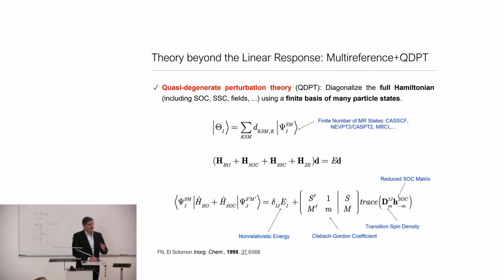And then you can indeed calculate magnetic properties directly from these relativistic many-particle eigenfunctions rather than taking the detour of the spin Hamiltonian. As long as you don't have to do that, I recommend to not do it, because the linear response is way more elegant and way more efficient. But in cases where you have electronic degeneracy or near degeneracy, that's your only choice in order to arrive at a reasonable result. Yeah?